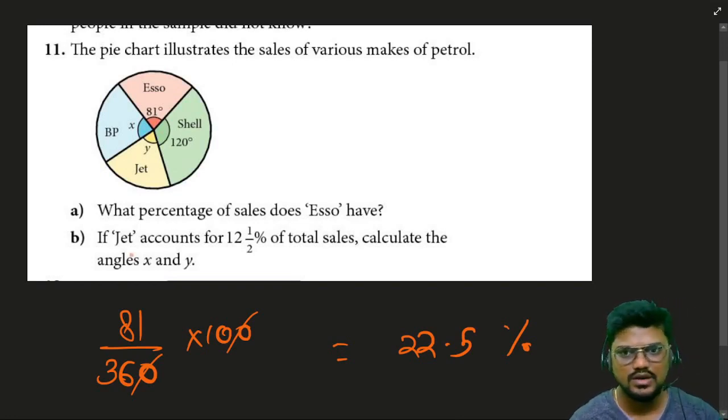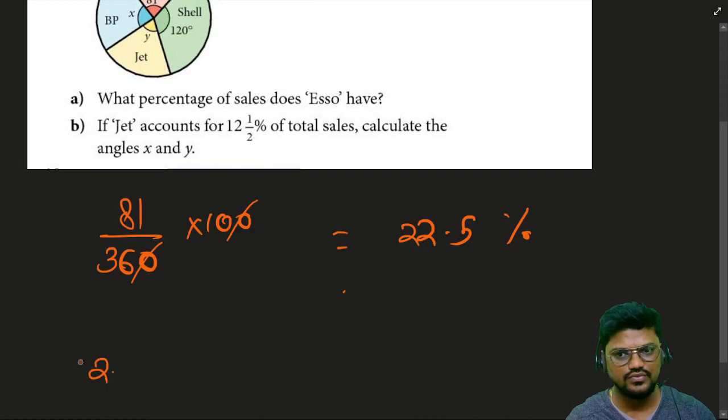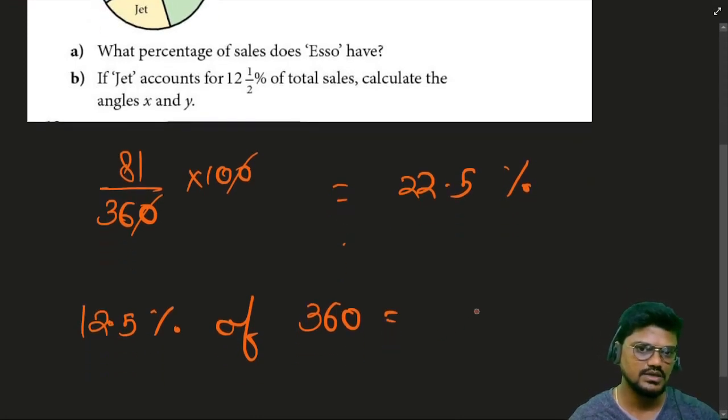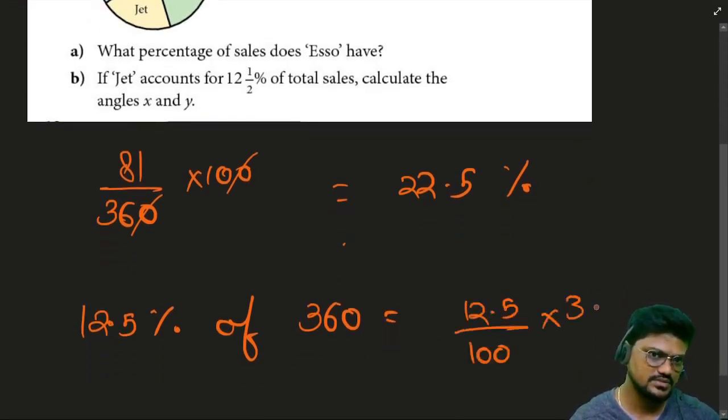Similarly, jet accounts for 12.5% of total sales. Calculate the angle of x and y. 12.5% of 360 is 12.5 upon 100 into 360.